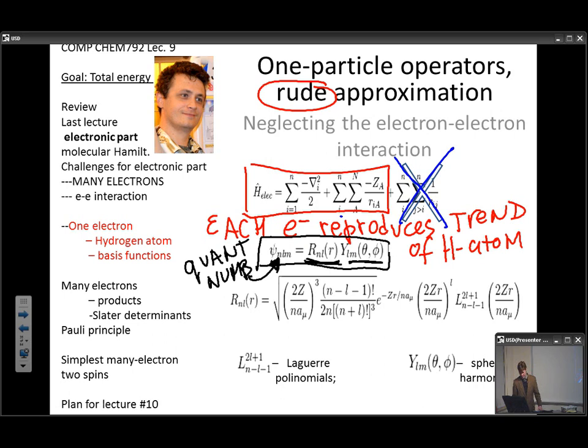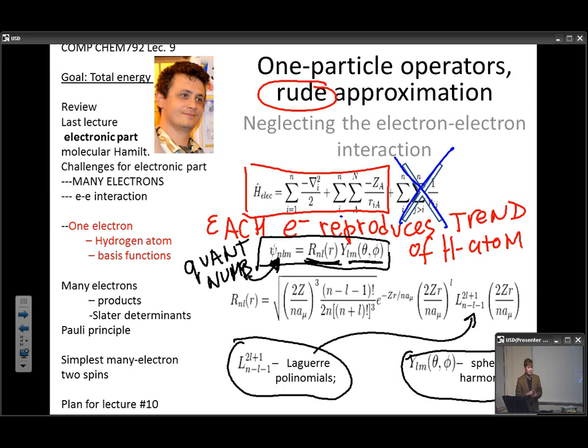And there are known mathematical functions for the radial part, and known functions for the dependence on the angle. We are not going to solve it. We accept that someone has solved it for us, or we did it in another course, and now we are just utilizing the fact that solutions for a single electron around a single ion are known.